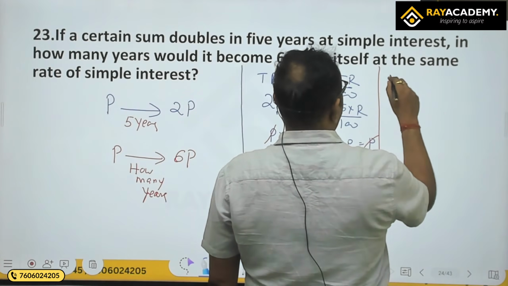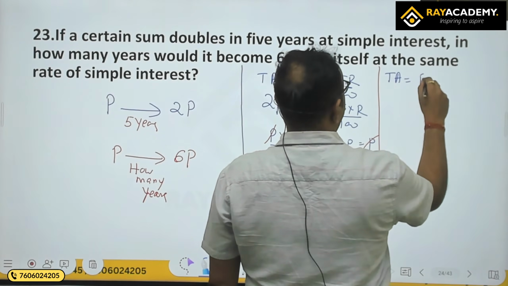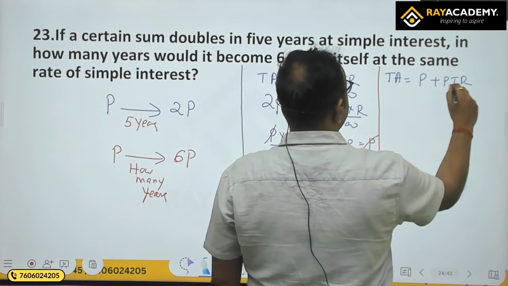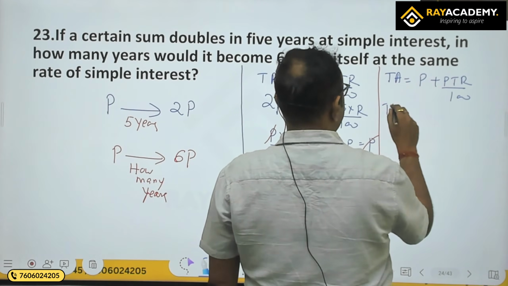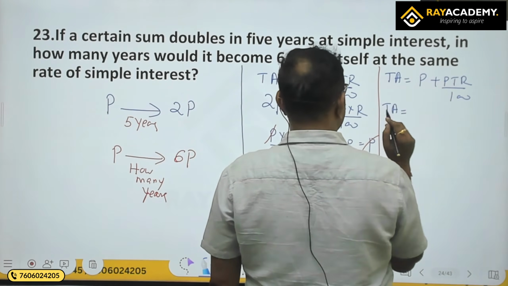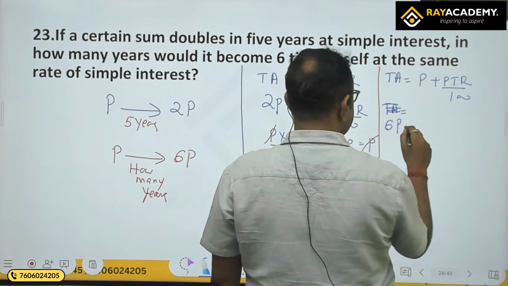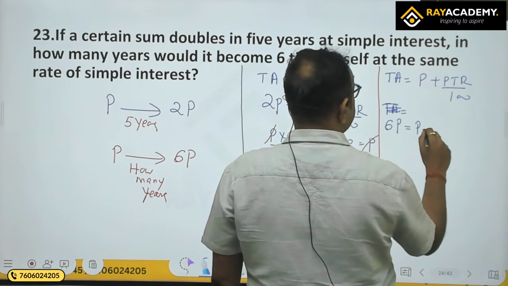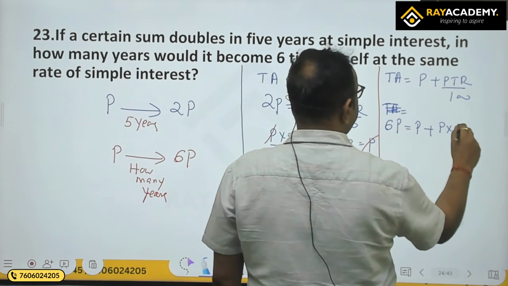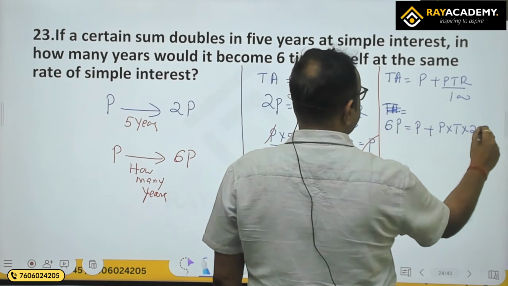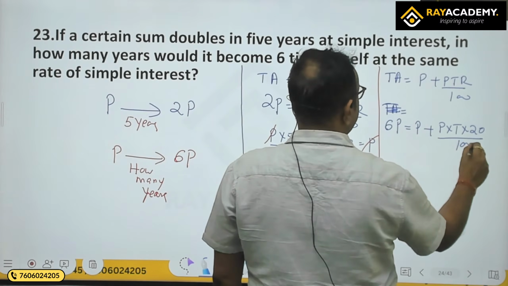Now with R as 20%, we can find the total amount, again with the same formula: total amount is P plus PTR by 100. The total amount is 6P, since they are saying 6 times. So 6P equals P plus P into T into R, and we have to find T. R is already found, that is 20.